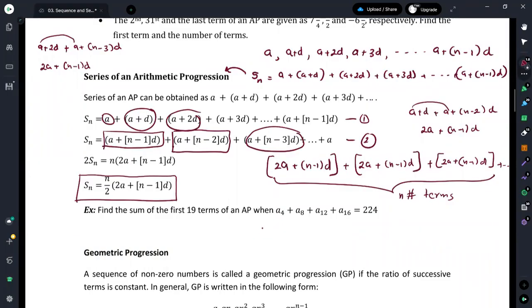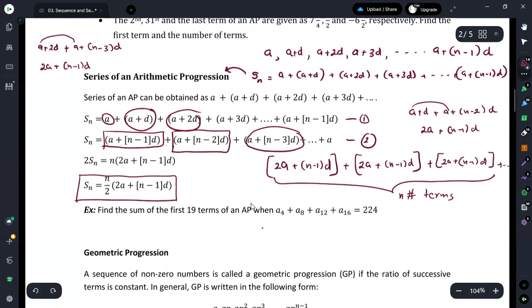Now we will move to an example related to the use of series of an arithmetic progression. Here the exercise is given as: find the summation of the first 19 terms of the arithmetic progression when A4, or the fourth term, plus A8, eighth term, plus 12th term plus 16th term value equals 224.